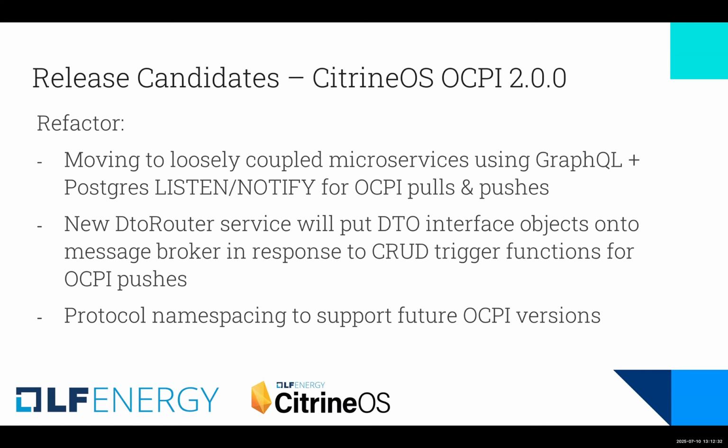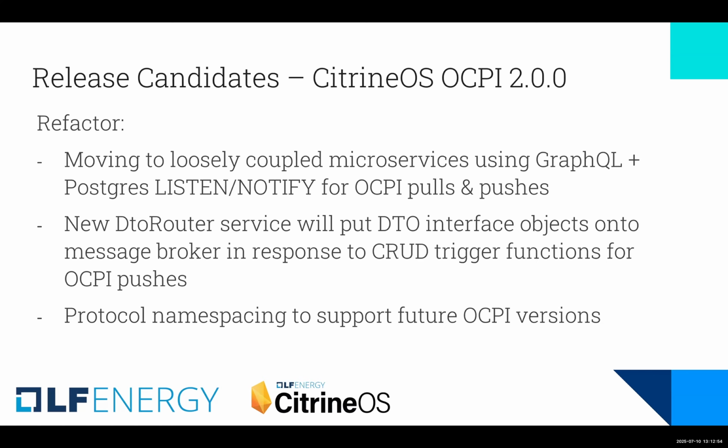And this is going to be done by making them dependent on the GraphQL API that CitrineOS Core exposes, as well as by hooking into the Postgres database that CitrineOS Core uses and using a listen notify pattern in order to get updates whenever data in CitrineOS Core is changed.